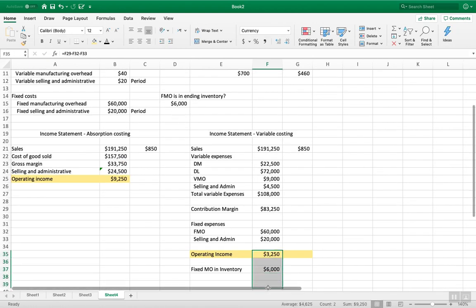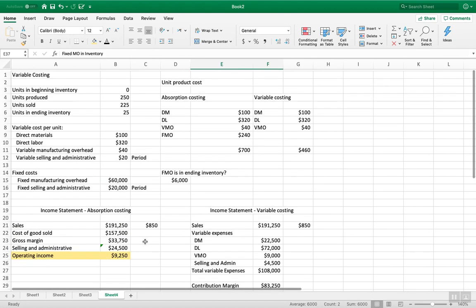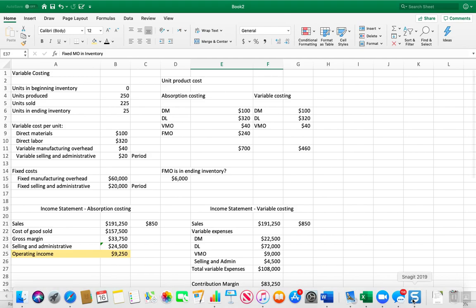So if I take these two and add them together, I have reconciled to my generally accepted accounting principles absorption costing method. We use this internally to make decisions. We use this externally to follow guidelines, but we have to reconcile the two by looking at our fixed manufacturing overhead and inventory.